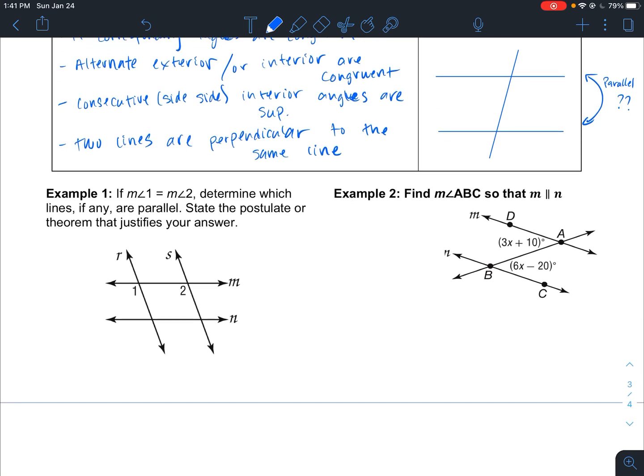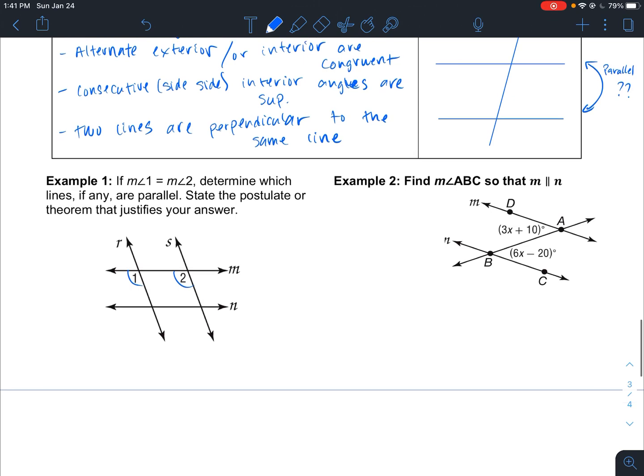Okay, so in these last two examples, it says measure of angle 1 and measure of angle 2 are equal to each other. Determine which lines, if any, are parallel and state the postulate and theorems to justify your answer.